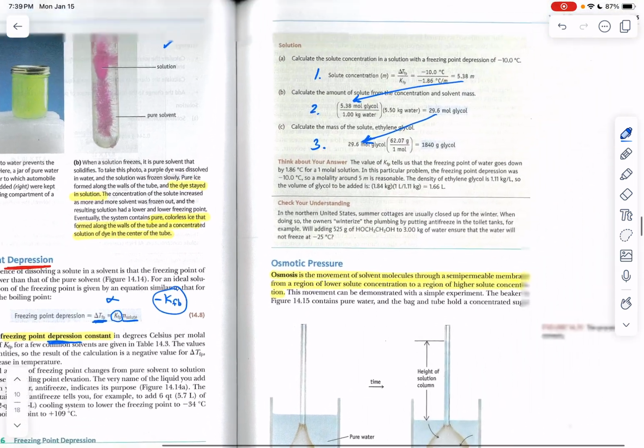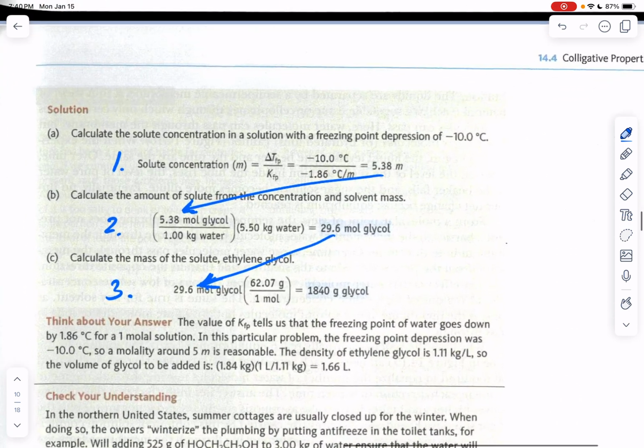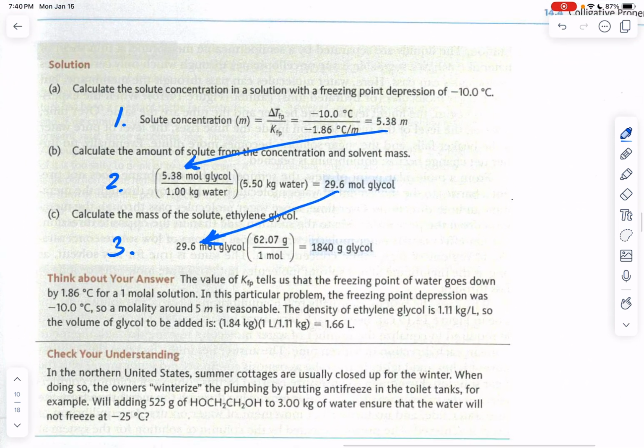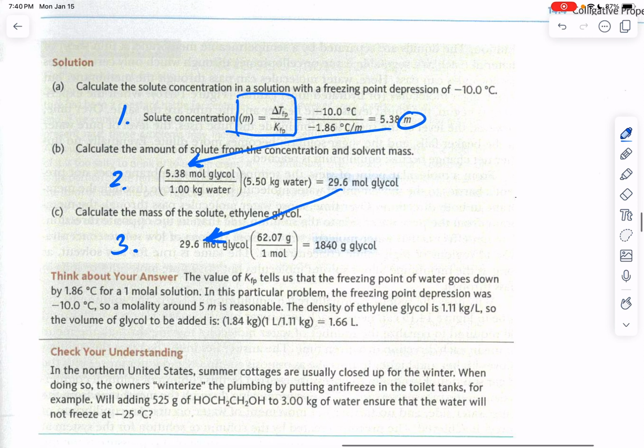So if we look at one of these problems, it's done pretty much the same way. In this case, the first thing we want to do is find our molality, because here we're using the formula. Recognize the formula that says that your delta T equals your freezing point constant times the molality.